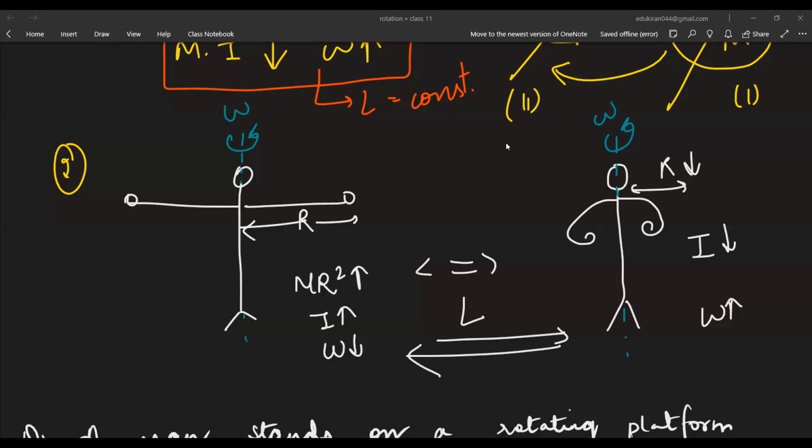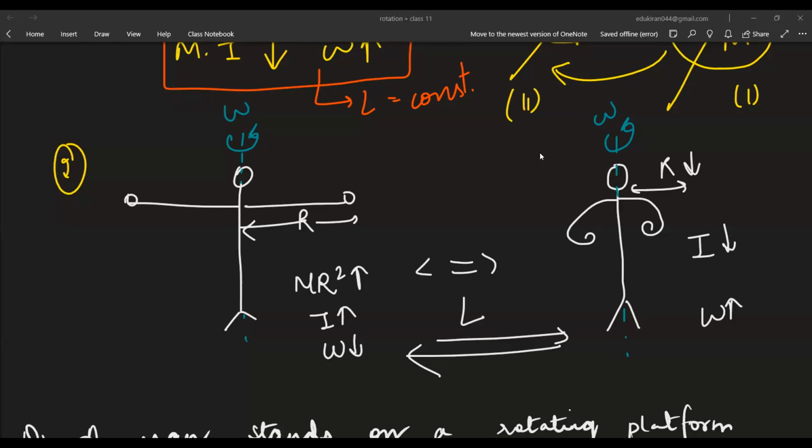So see, moment of inertia is mr square. So moment of inertia will also decrease because now radius is decreased. So since the value of I is decreasing, in order to compensate it, the value of omega is increasing. That is what is your conservation of angular momentum.